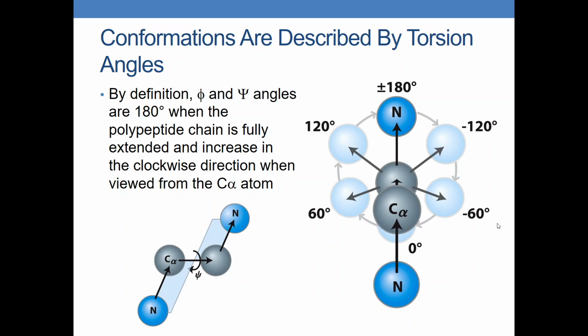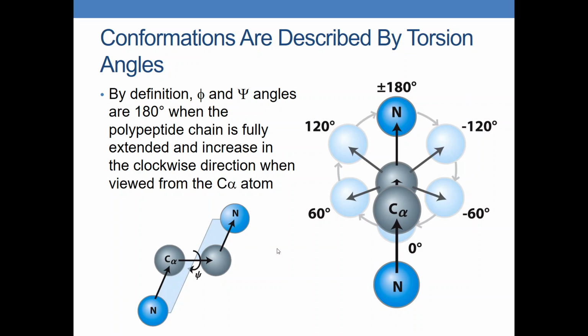Okay, so here I'm showing you the fully extended case where your amide nitrogens on adjacent C alpha carbons are trans to one another. This is the 180 degree definition, just by convention. The value of phi or psi is going to increase in the clockwise direction, and you'll see how this works in a moment.